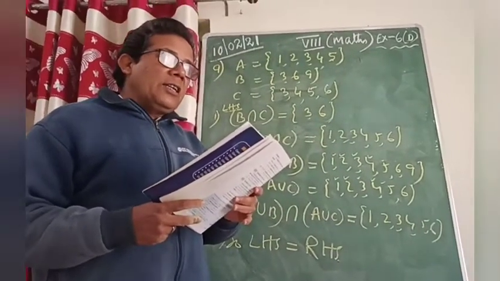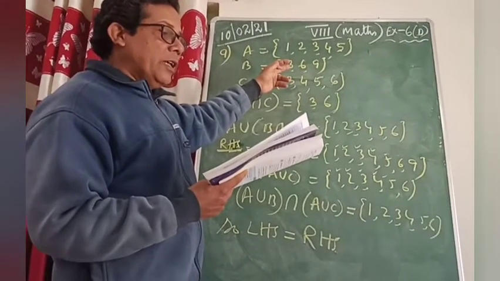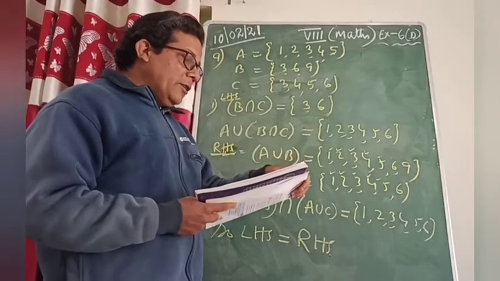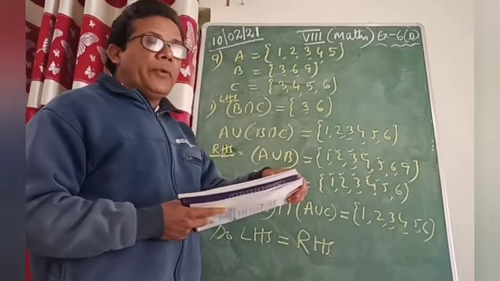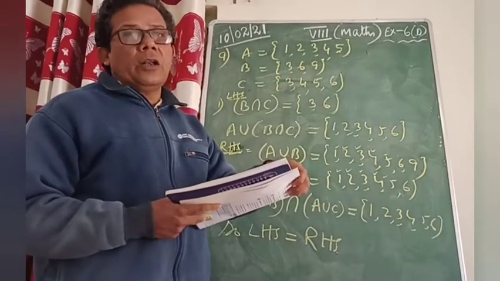And then it gives set B, where all the elements are given. In set B you can see the elements 3, 6 and 9. And set C is given there: x, the elements of set C are represented by x. What is x? x is a natural number.